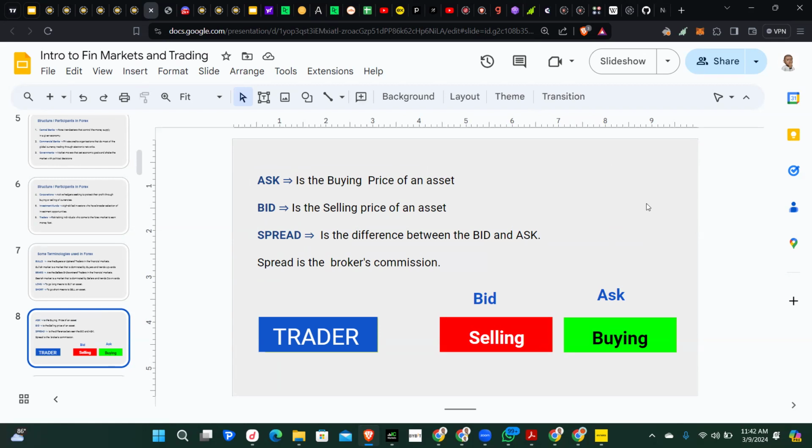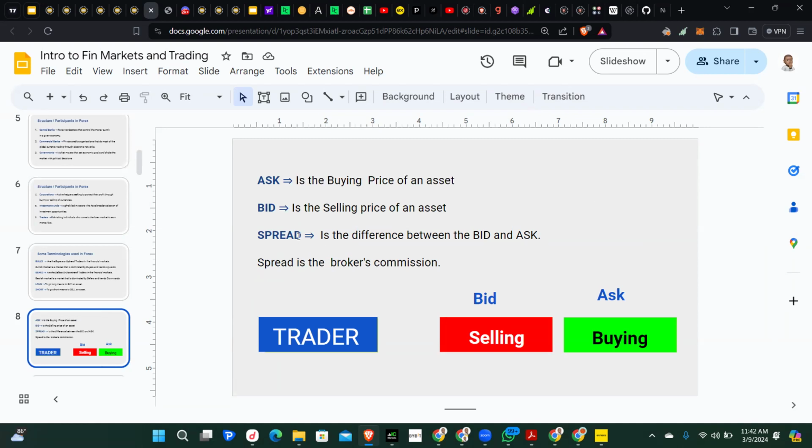So it's just telling you that this is the buying price. So outside Forex, you still make use of some of these terminologies when it comes to dealing with finance. In the finance world, these terminologies are relevant. They are very, very important. So the bid is the selling price of an asset.